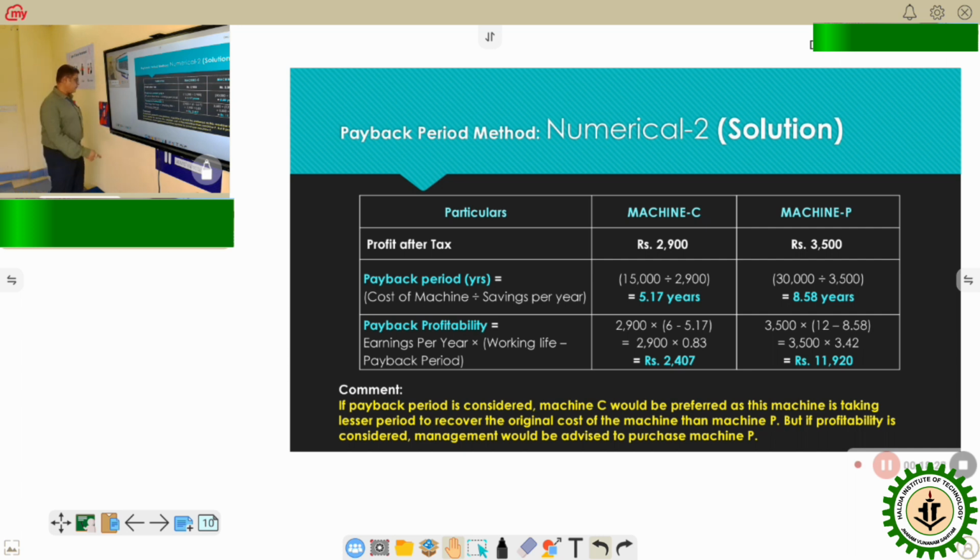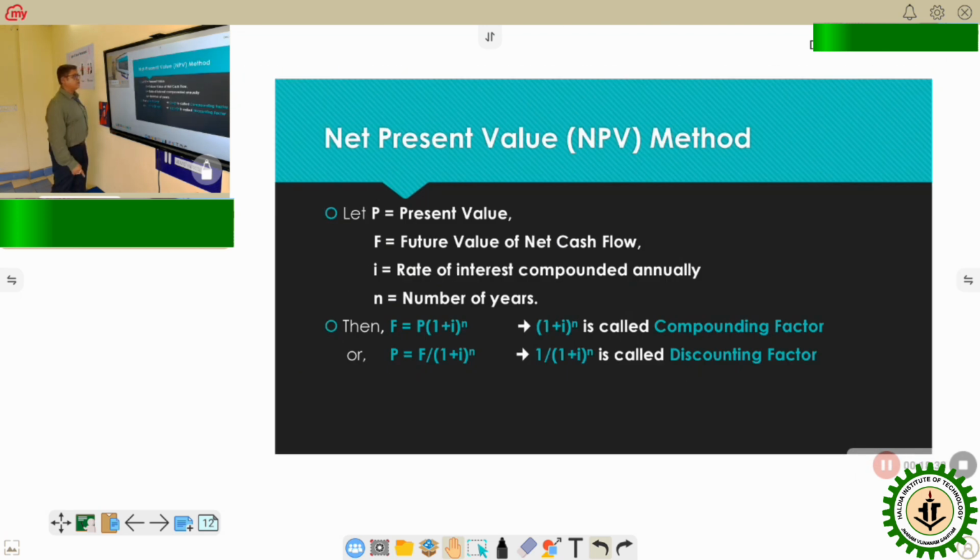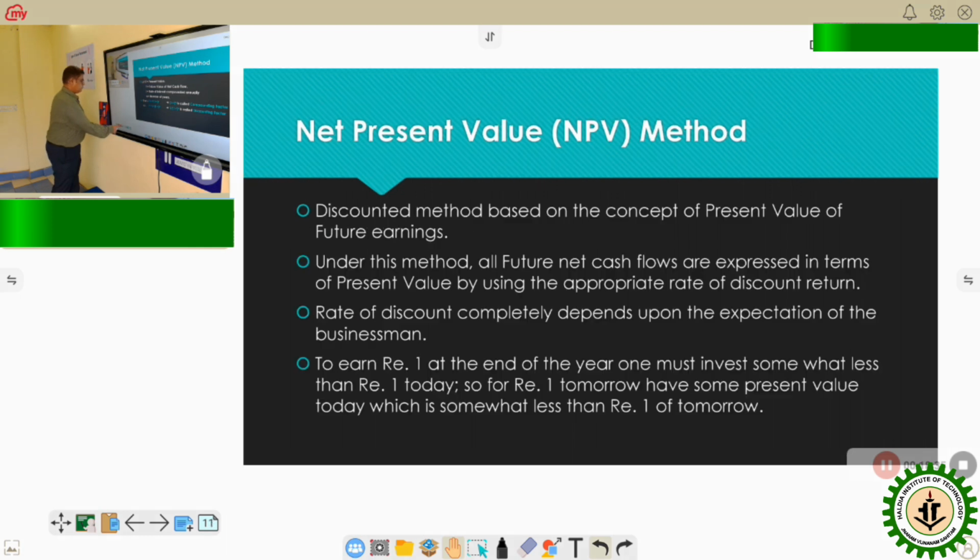Now we will discuss the methods with discounted cash flow. So net present value: whenever we are using the effect of interest on the cash flow, that means we are discounting the cash flows to the 0th year, we are using the present value analysis on future cash flow.